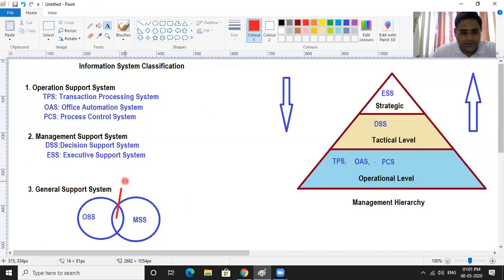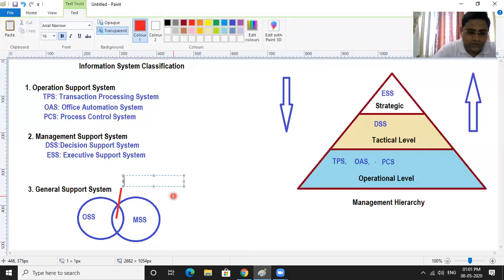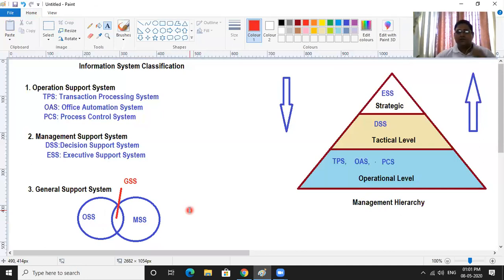This is our general support system. So we can say general support system is the combination of both operation support system and management support system.